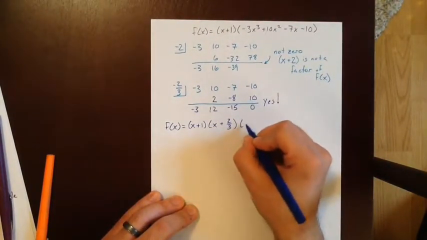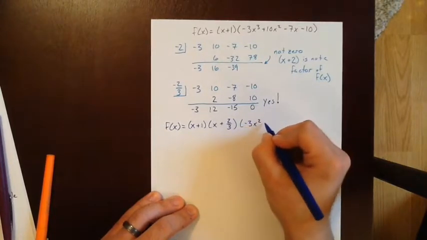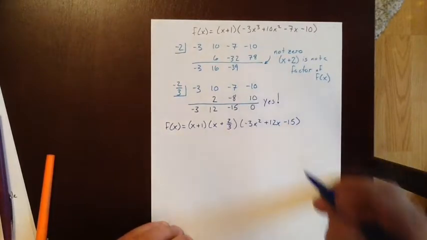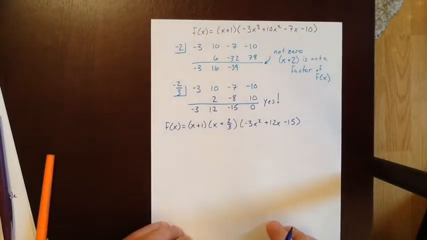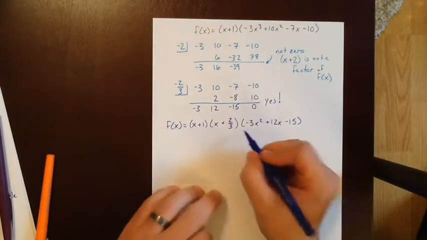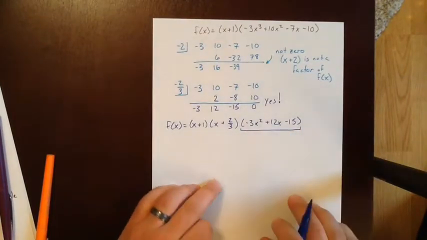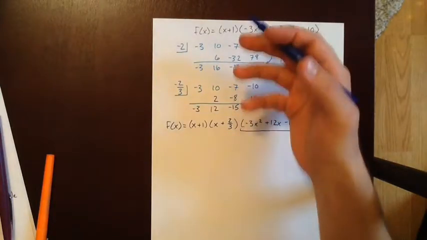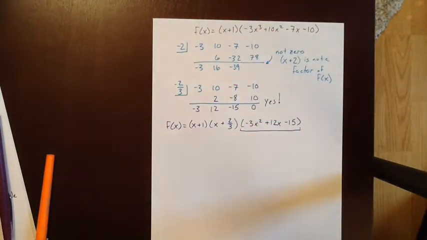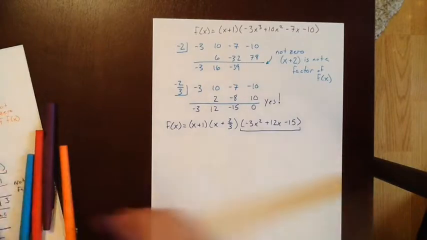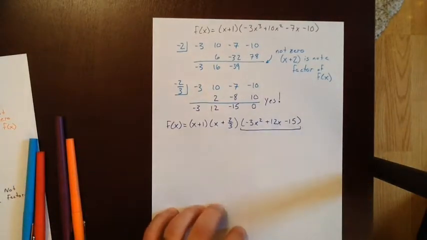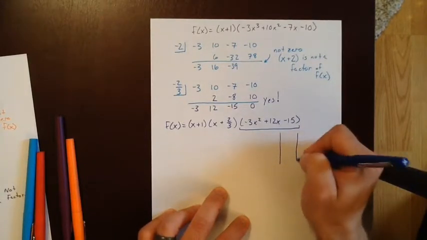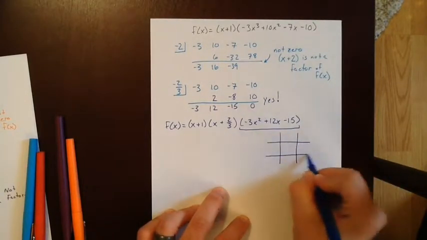We're left with -3x squared plus 12x minus 15. And I said previously that once you get to a quadratic, solve it by other means. Don't continue this synthetic division process, although it could work for you. We have other tools available that could be a little faster. So we look at this, and my first option typically would be to factor.